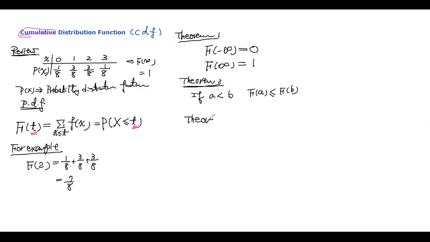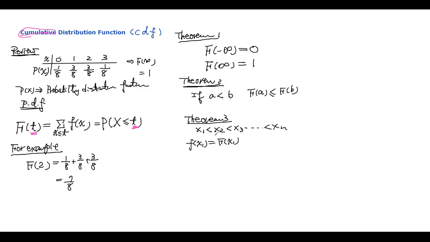So this one is here, right? If I have numbers x1 less than x2 less than x3, up to xn, then I know the F of x1 is equal to the cumulative of x1, right?